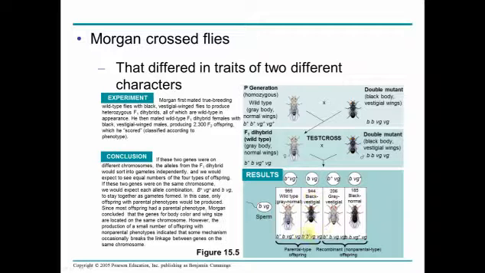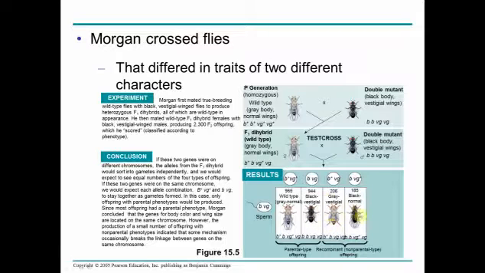Very, very small percentages were the combination of the two, so gray body, b+ b, with vestigial wings, vg vg. Mendel's law of independent assortment and a normal dihybrid Punnett square don't predict this. It would predict equal numbers of all 4 phenotypes, but Morgan didn't see this.